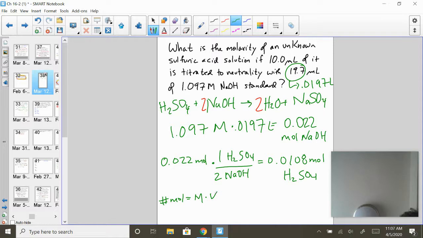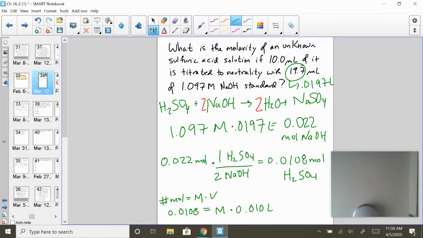So I've got 0.0108 moles equals my M, which we do not know, but we do know our volume, which is going to be 0.010 liters.